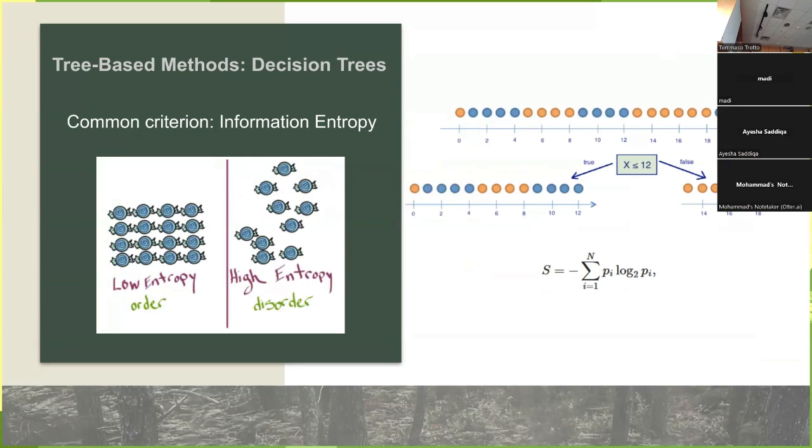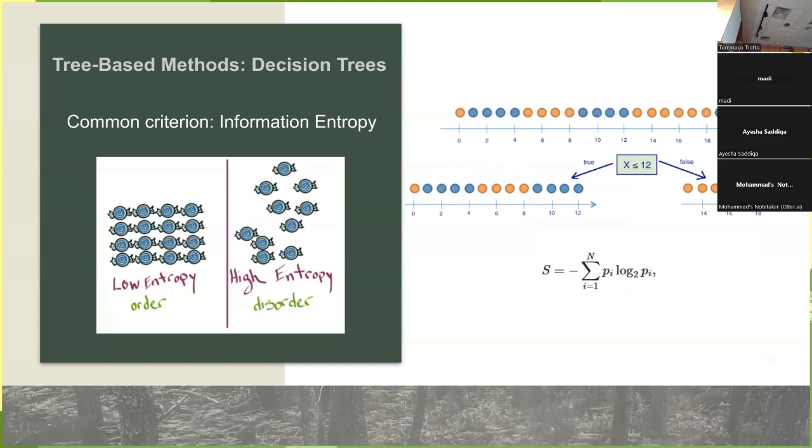So rather than selecting 12 as the decision threshold, we can actually have many other options. We can choose number 4 or number 18. So how do we decide which choice is the best? A common criterion to evaluate this is information entropy. It is inspired by the entropy definition from physics. In physics, when particles are aligned, the system has low entropy.